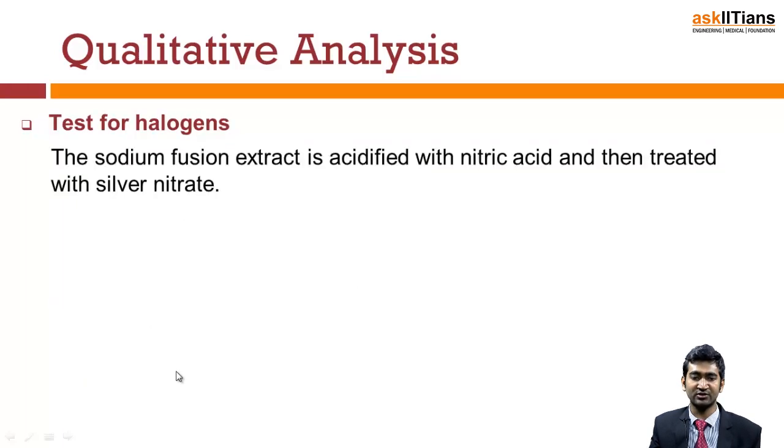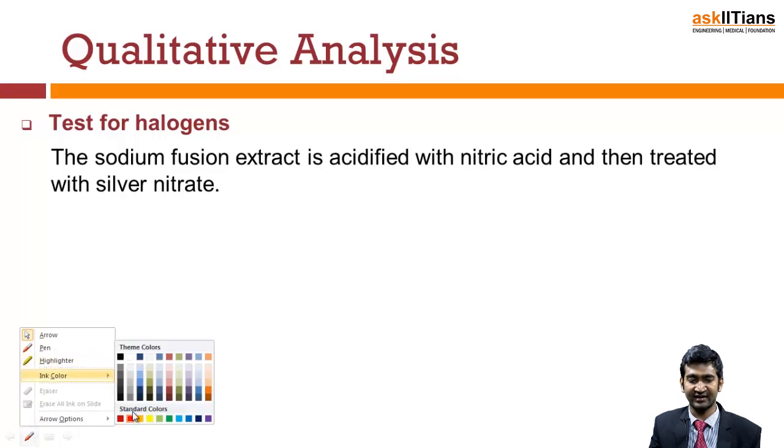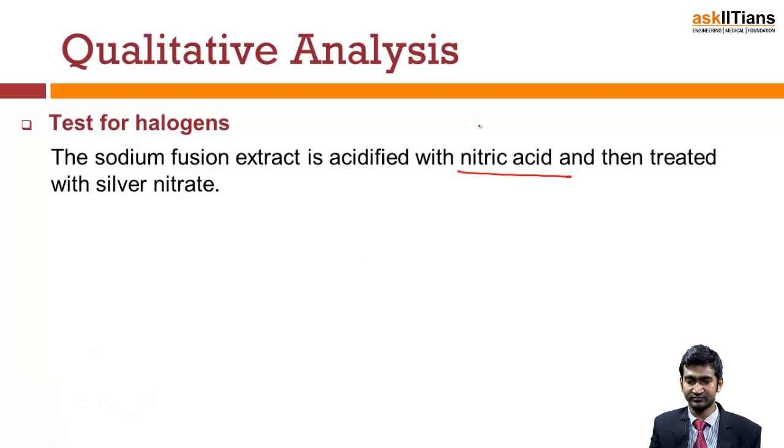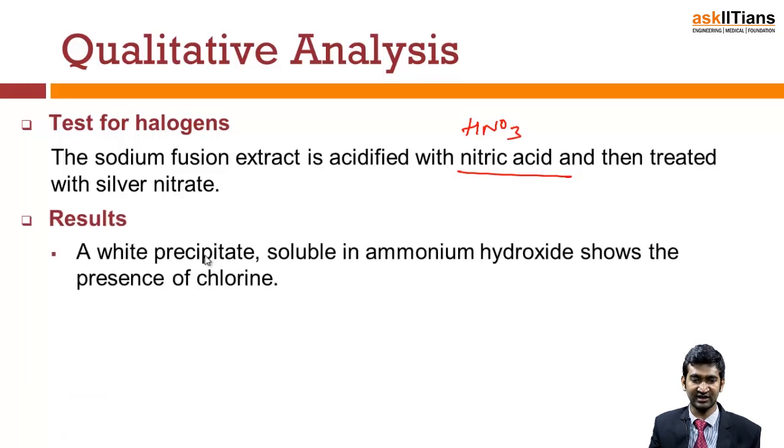Then the test for halogens. Again, the sodium fusion extract is acidified with HNO3 and treated with silver nitrate. What are the results? A white precipitate, which is soluble in ammonium hydroxide, shows the presence of chlorine.